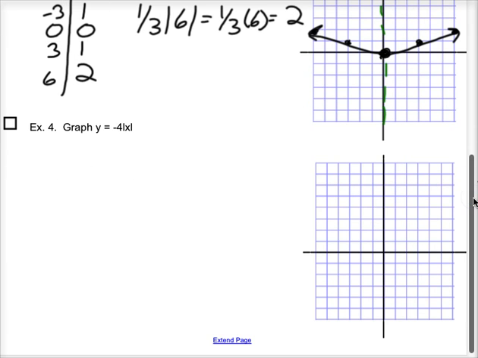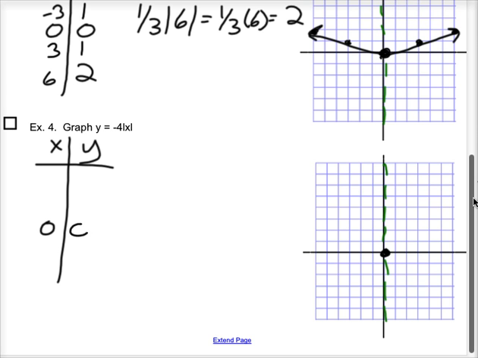Last one for the notes today. This is the same situation once again. What I'm seeing is that I don't have any vertical or horizontal translation. So that means I'm going to start at my origin. I'm going to put in my line of symmetry. I'm going to start choosing points.